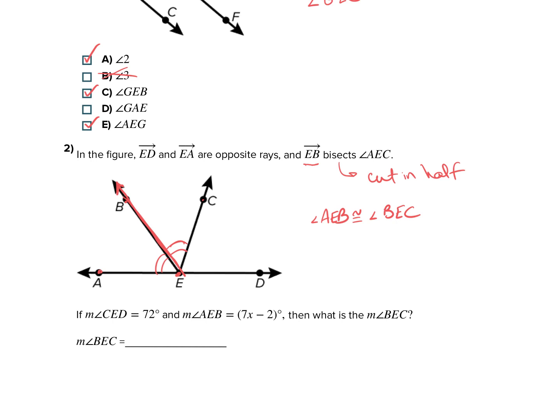Here it says if the measure of CED is 72 degrees, and the measure of AEB is 7x minus 2, then what is the measure of BEC? Okay, now, remember, both AEB and BEC, they're congruent.